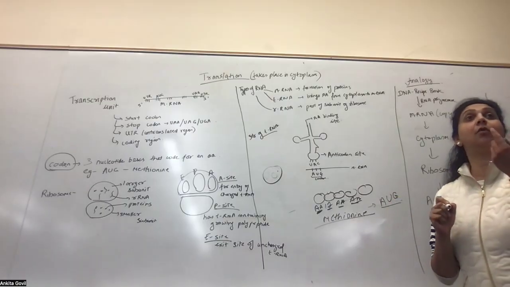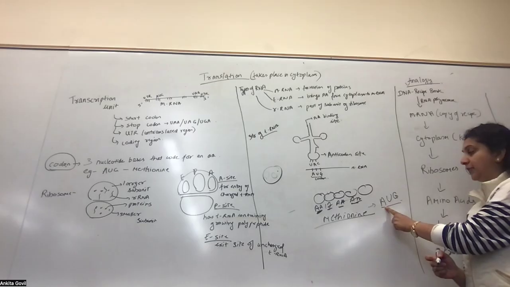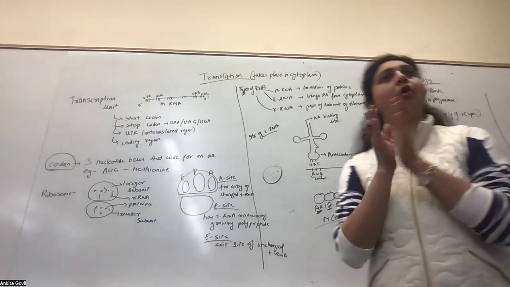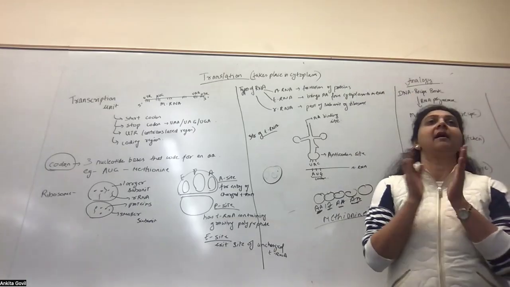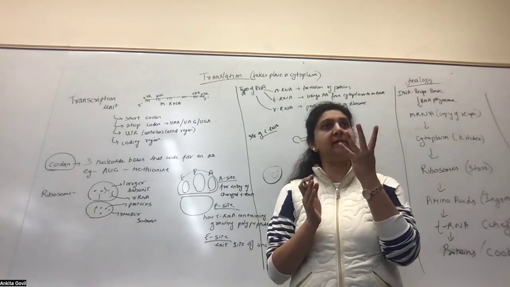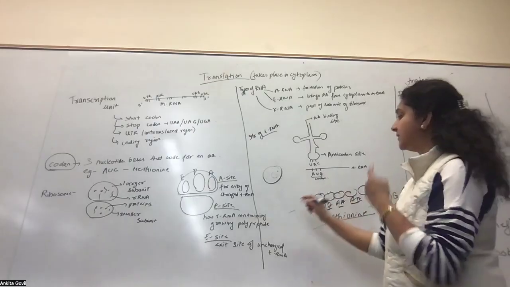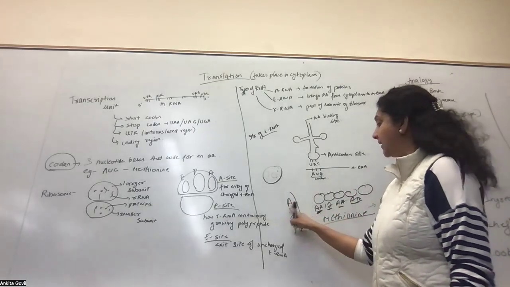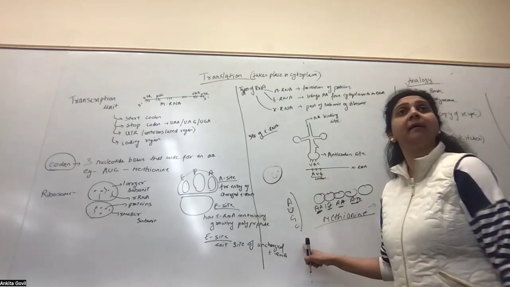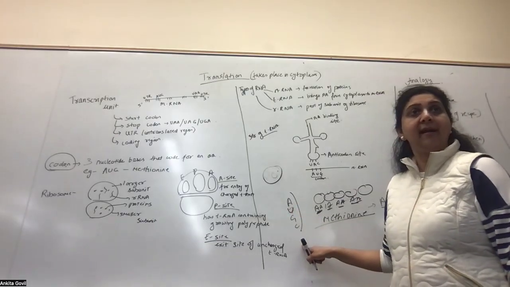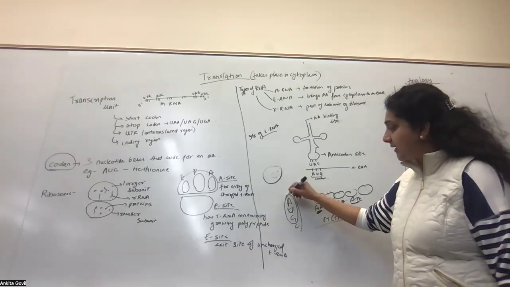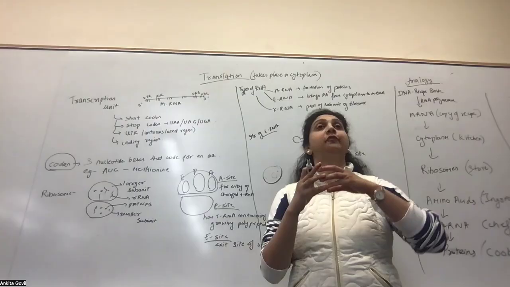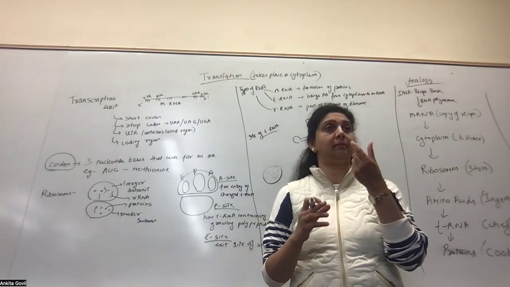So this is a codon. It is made up of three nucleotide bases. We all know that DNA and mRNA are made up of four bases. We did those four bases, A, T, G, C for DNA and A, U, G, C for RNA, right? So three bases together will combine to form a codon.